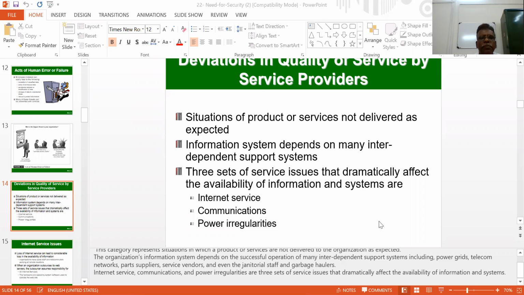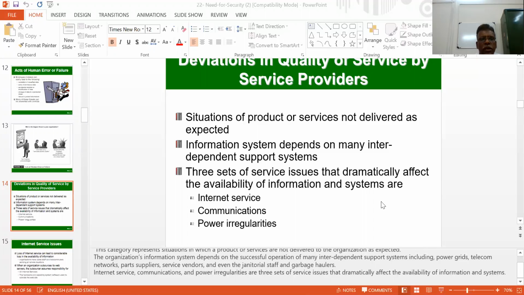Information systems depend on many interdependent support systems, one to another. If you have a computing system depending on telecommunication, depending on network services, depending on power, these are all the things needed as input. We can classify them such that the changes which take place affect the availability of the information system day in day out.